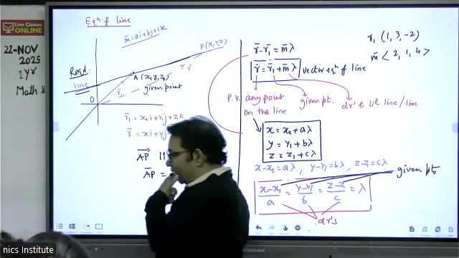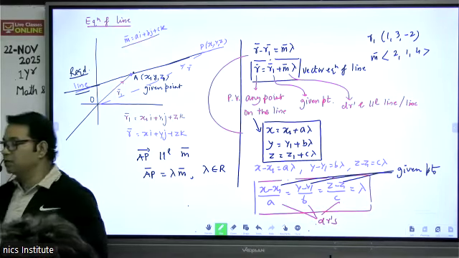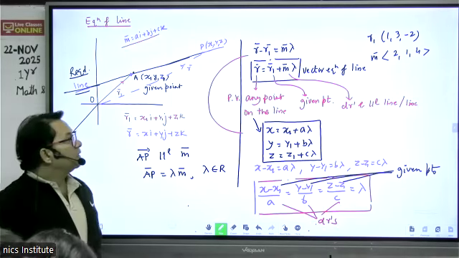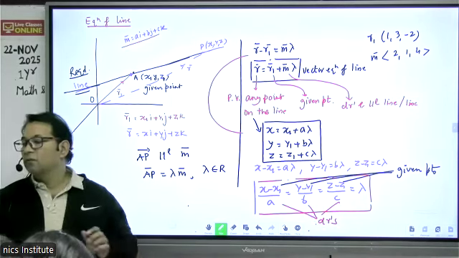Find the Cartesian and vector equation of the line which passes through (1, 3, minus 2) and which has DRs 2, 1, 4. कर लो.